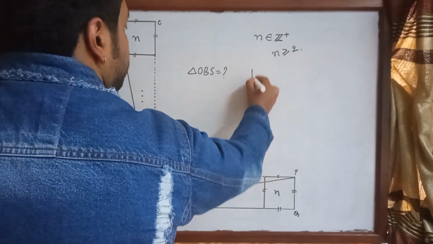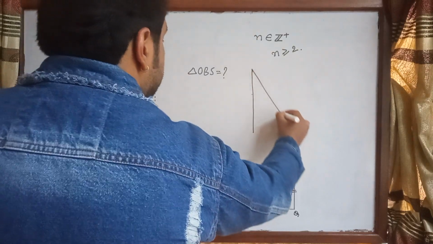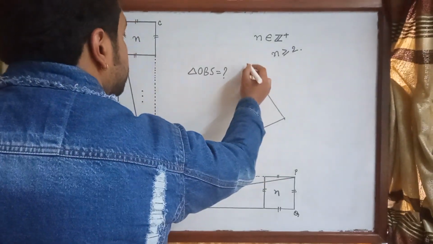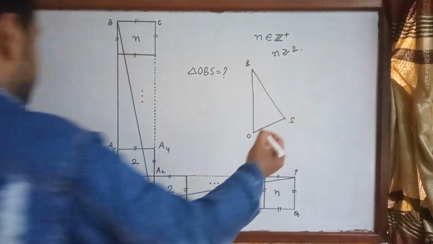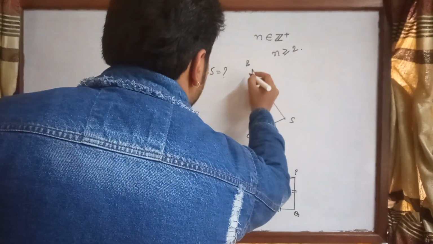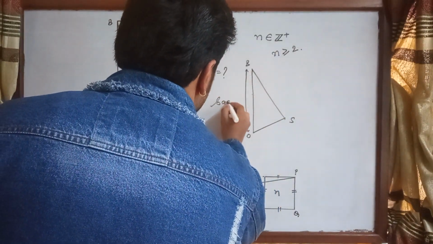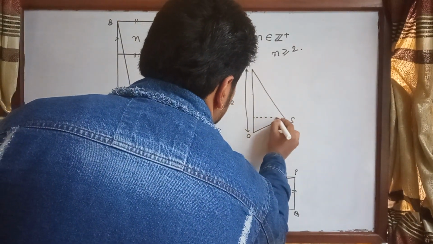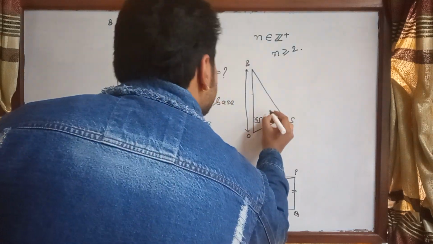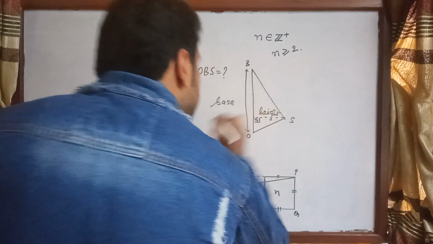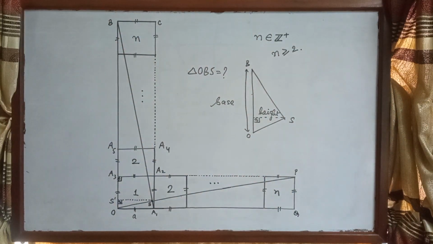So in triangle OBS, I take this as the base, and this as the height, like this.